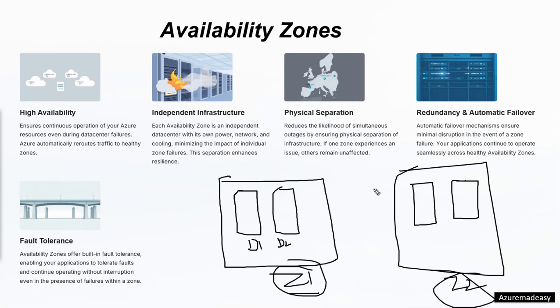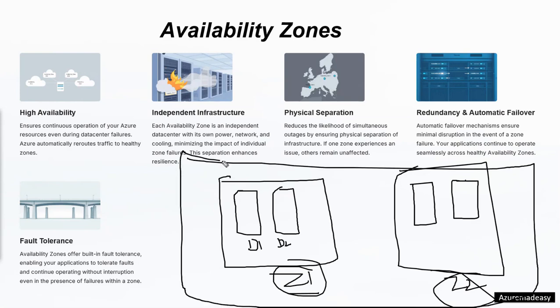Zone 1, zone 2, zone 3. But this availability zone occurs for the same region. If it is Central US, then these zones also belong to the same region only. That is called availability zone.